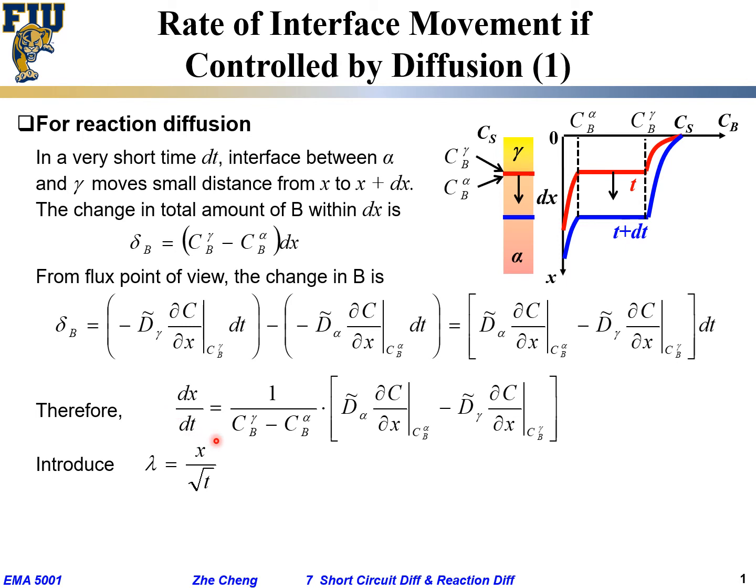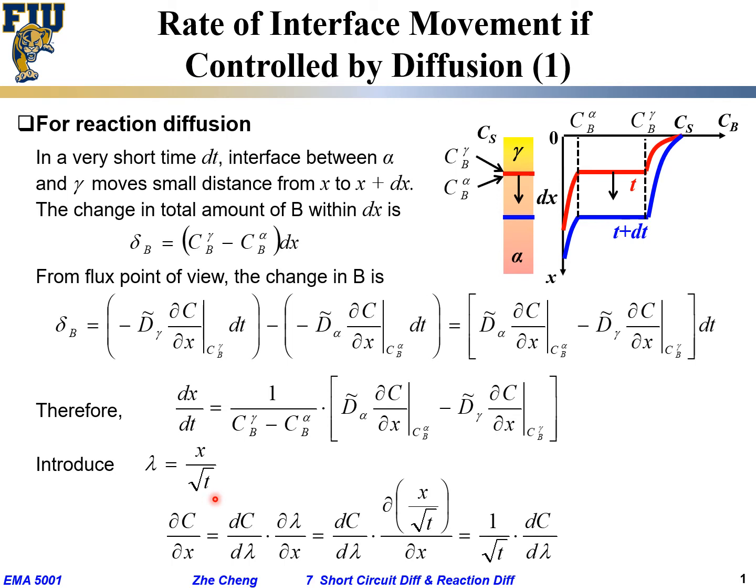Okay, and if we introduce, similarly to the so-called Boltzmann transformation, the lambda term that relates location and time together, and similarly we do the transformation of concentration with respect to location, it becomes dc over d lambda, partial of lambda with location. dc over d lambda we keep, but what is lambda?